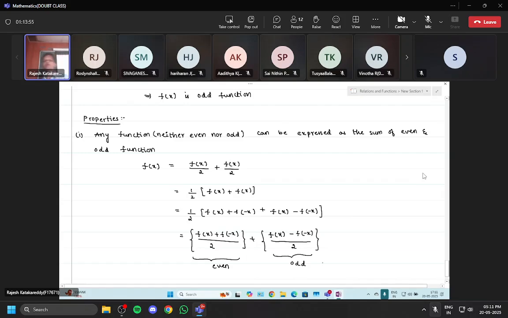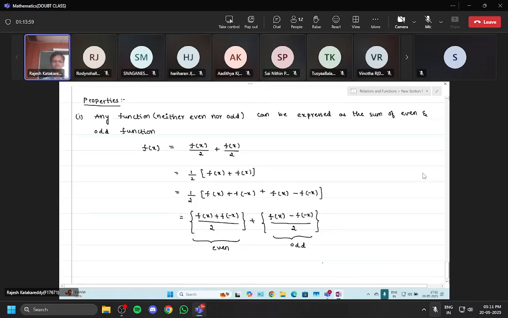Based on this property, they asked a problem in JEE Mains in the year 2019, I guess. Copy this. Adding, subtracting, same thing is allowed, no?